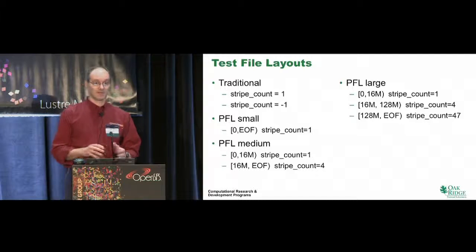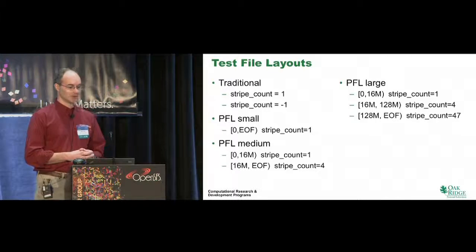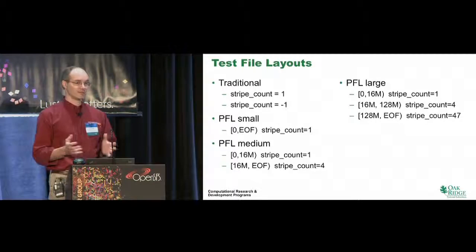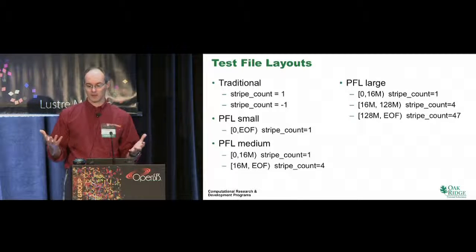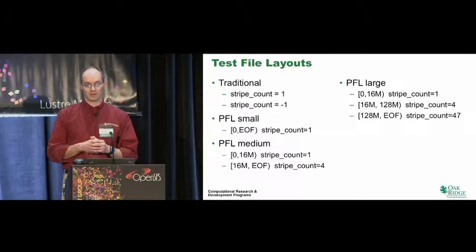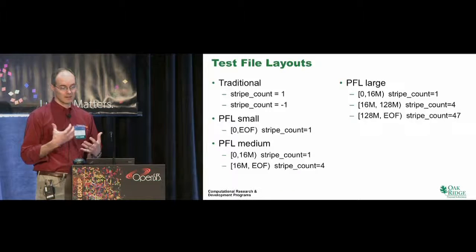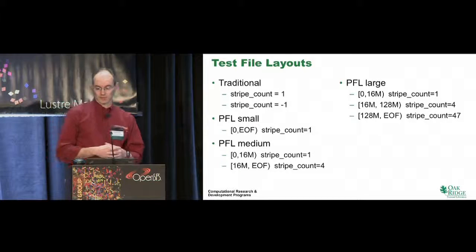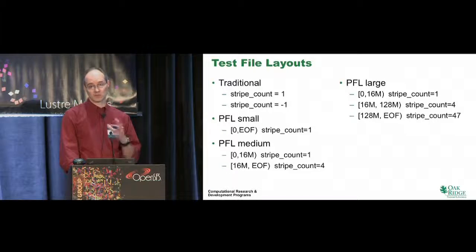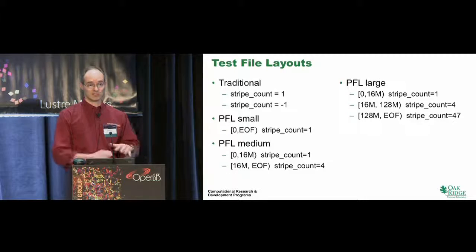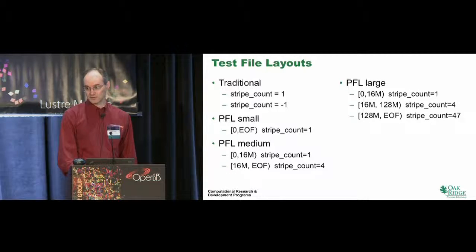There was also a medium version that was stripe count 1 for 16 megabytes, and everything else was stripe count 4, and then a large one that split at 16 megabytes, 128 megabytes, and then at the end of the file increased to stripe count 47. So in total it used 52 OSTs, which were all the OSTs in the file system.